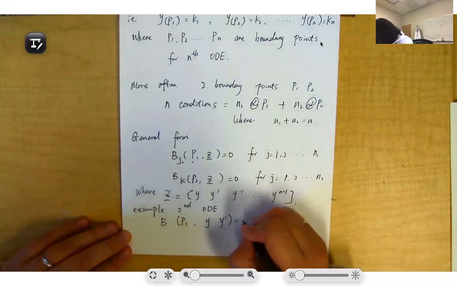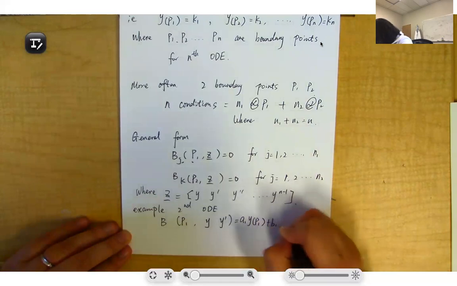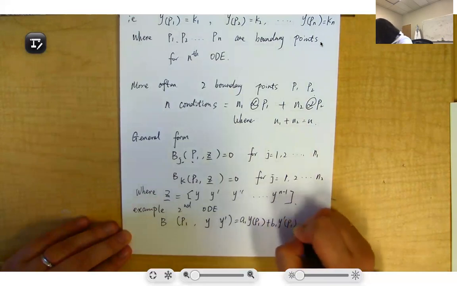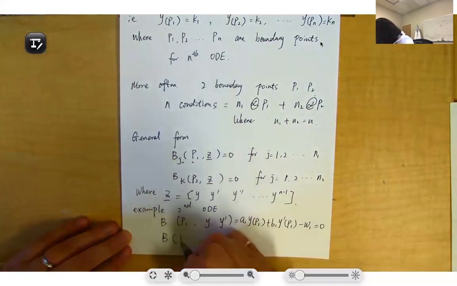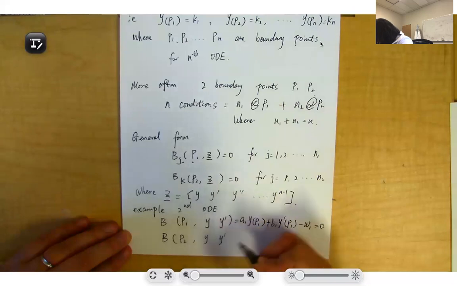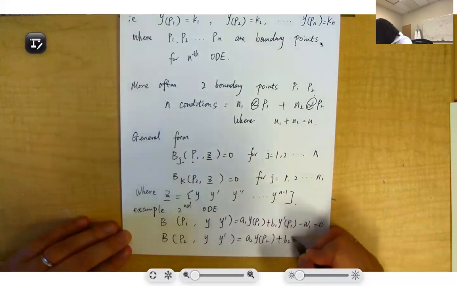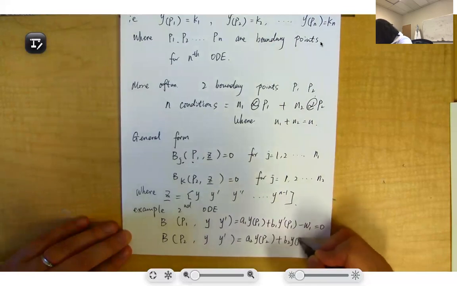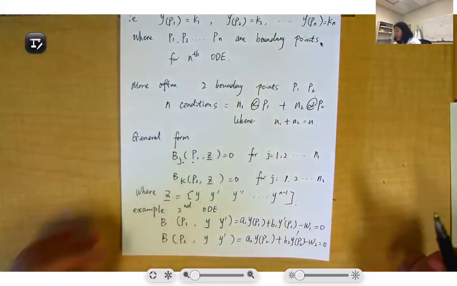At P1, the condition is a1 y(P1) plus b1 y prime(P1) minus w1 equals 0. At P2, it is a2 y(P2) plus b2 y prime(P2) minus w2 equals 0.